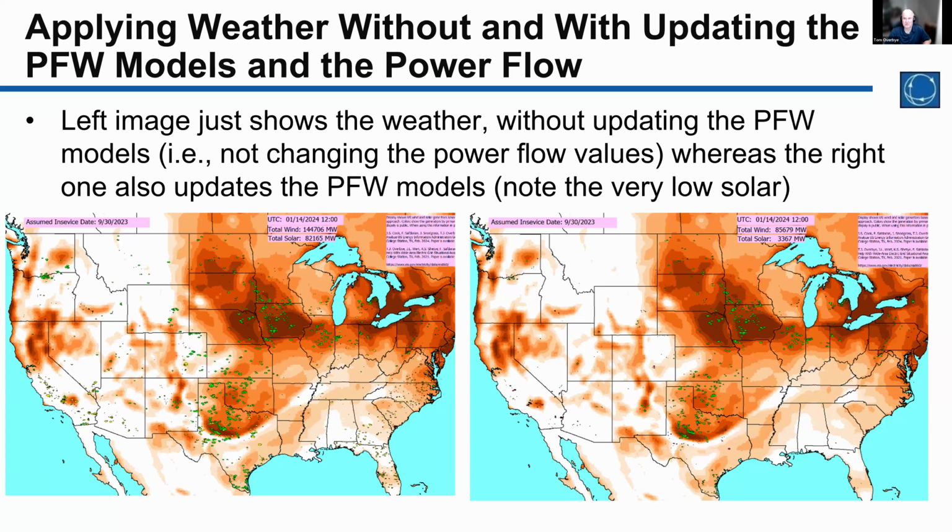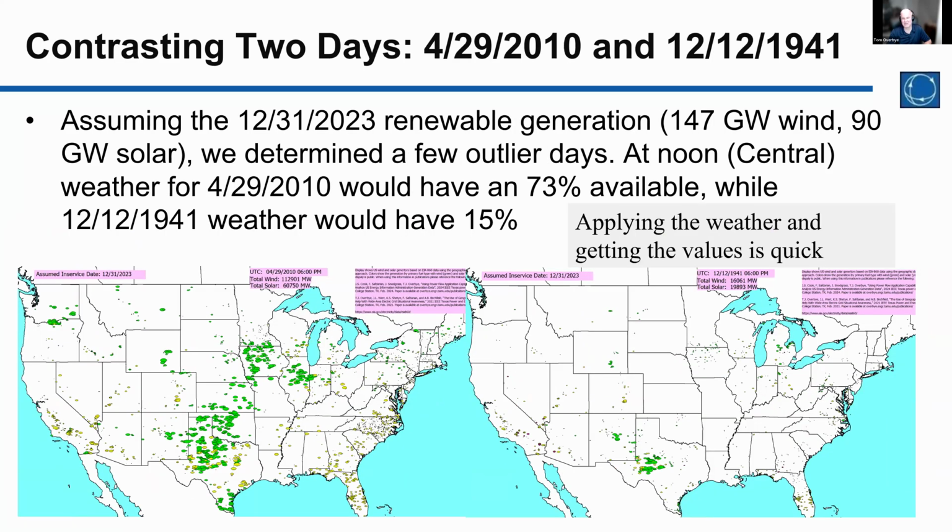The reason the solar is quite low is that 12 UTC is 6 a.m. Central Time, so the sun had not risen in most parts of the country then, and there's certainly some clouds. I was talking to one of our staff engineers yesterday, and I said to her, "Hey, for this presentation, can you get me a day that has a lot of wind and solar and a day that has little wind and solar?"